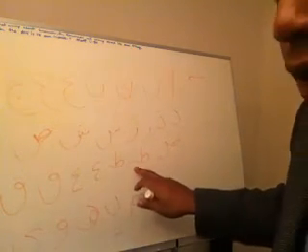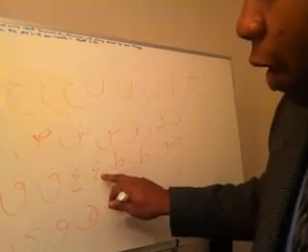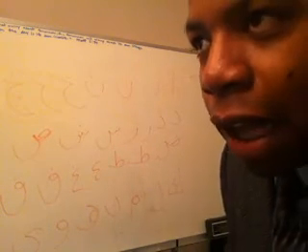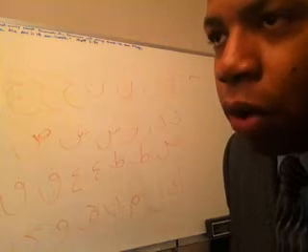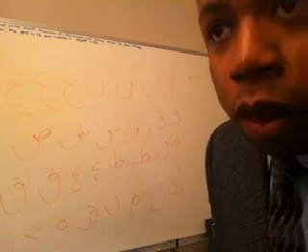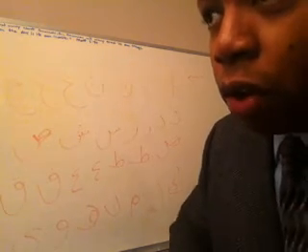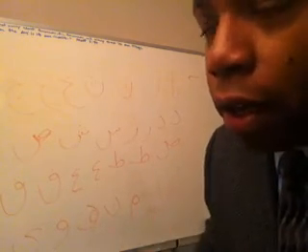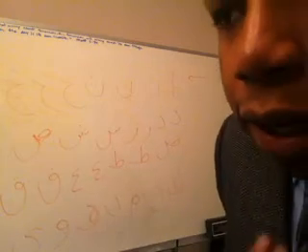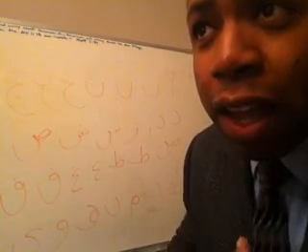Dod, Ta, Za: there's a t and there's a z. Ayn: I spent a lot of time on this letter because I really couldn't get it. I still don't have it 100%, but you've got to get it so you can work with it. It comes from within, from inside here. Ghain is like gargling at the back of your throat, an r sound.